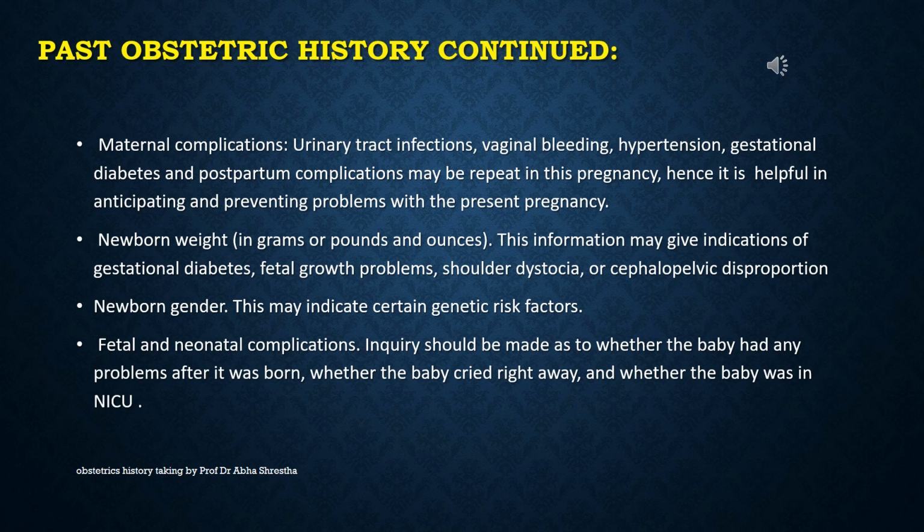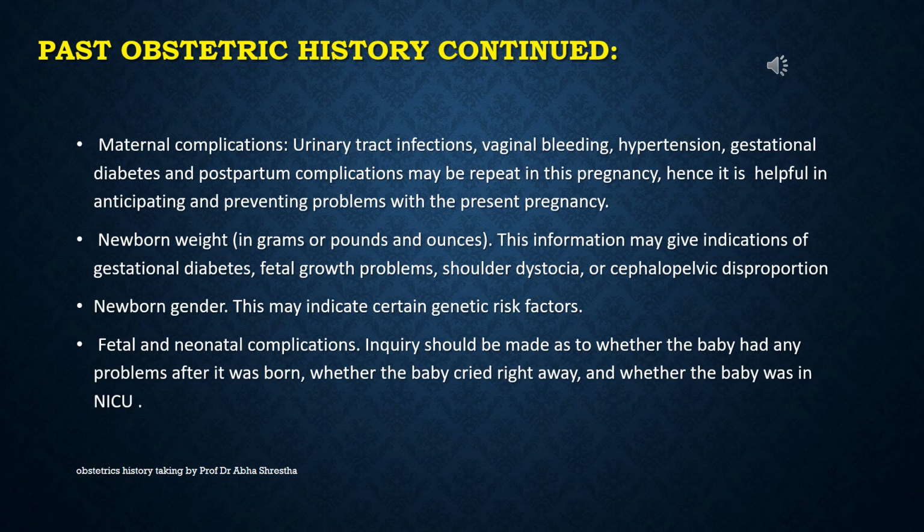Next thing is the newborn weight. It might be either in grams, pounds, or ounces. This information gives us an indication that if the baby had been very big or macrosomic, this suggests that she might have had gestational diabetes in the previous pregnancy. But if she says my baby's weight was only 1 kg, then it might suggest that it might have been an IUGR.